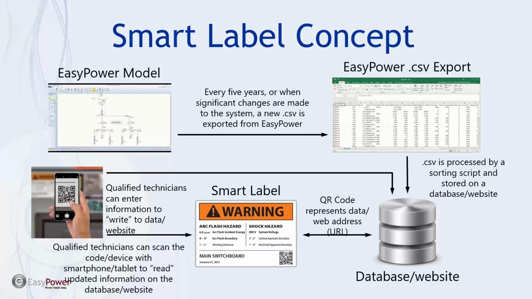So where EasyPower would be used to set up the database, it's the server that controls the access to it, and multiple people can be making changes via access to the QR code. And more detail on this particular application is something we can't disclose, but it gives you an idea of how some of this is being implemented in very large organizations.